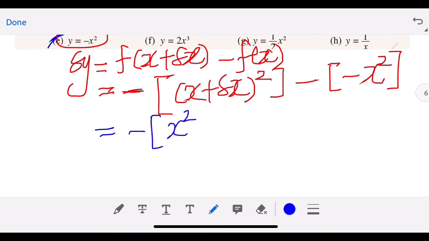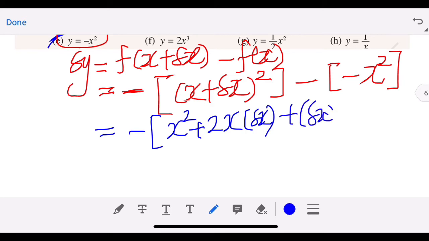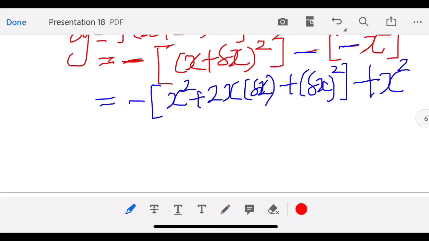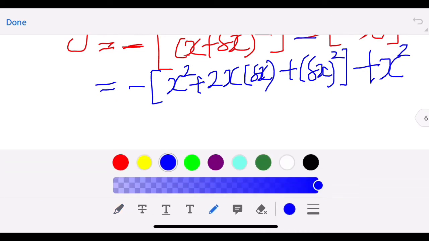x squared plus 2x, then delta x we make it in the bracket so that we are aware it is one term, plus the delta x, the whole thing squared, and close the bracket, and plus x squared, right? It's minus and minus, so it becomes plus. So be very careful when you do.